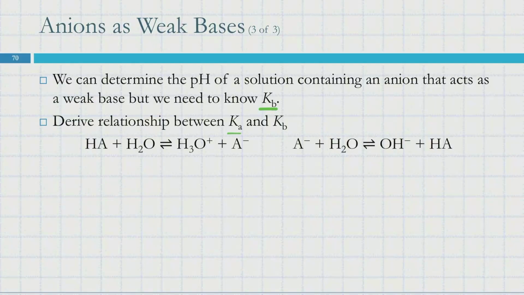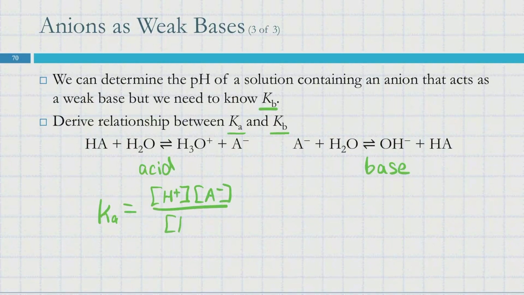So we need some sort of a relationship between Ka and Kb. We've got on the left our acid form, and on the right our reverse, that would be our base. So for our acid, we can come up with a Ka equation: concentration of H plus times the concentration of A minus over the concentration of HA.